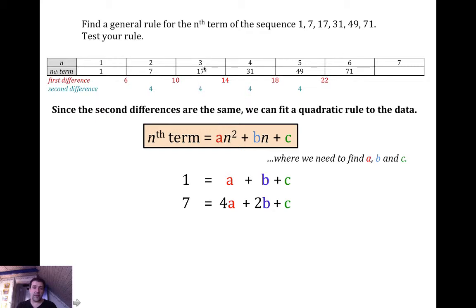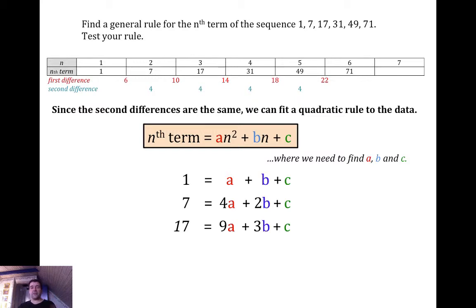So when n equals 3, the nth term equals 17. So we can plug in 17 here for the nth term and 3 here for n. So we get 17 equals a times 3 squared plus b times 3 plus c, which simplifies to 17 equals 9a plus 3b plus c.